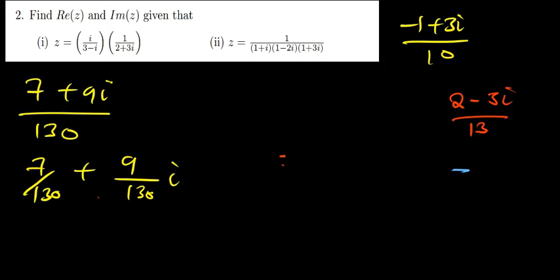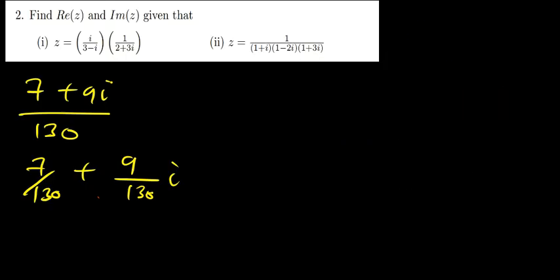Is there any number which can go into 7 and 130? I don't think so. For 9 and 130, I think 3. We try 3. 3 into 130, it leaves a remainder, so I'll leave it there.